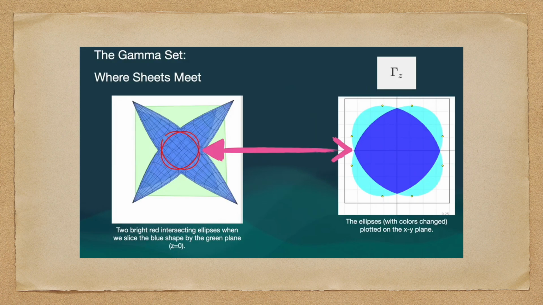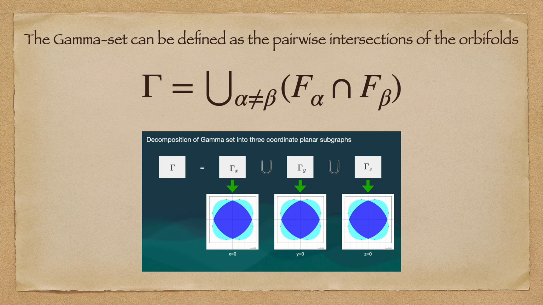So we'll really have three different copies of this gamma sub z, due to the symmetry of the intersections. So the gamma set can be defined as the pairwise intersections of the orbifolds, written like so.